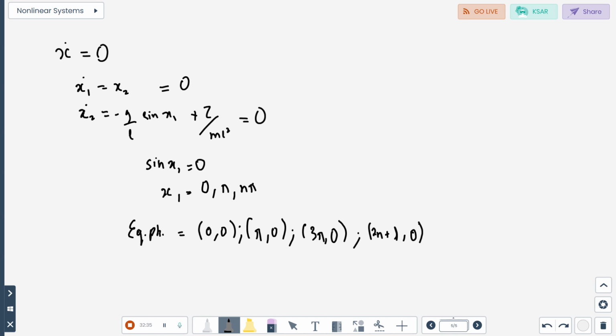So there is not one equilibrium point, there are not two equilibrium points, there are 2n plus 1 equilibrium points for this particular case.